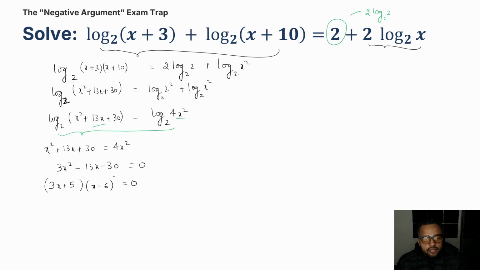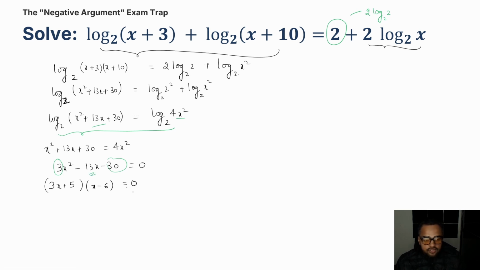Factorizing is easy. If you want to use the quadratic equation formula, you can do it. Otherwise, you can directly factorize by taking the coefficient of x square and the last term, multiplying them, and then taking the factors of it and adding or subtracting them in such a way that we get negative 13 in the middle term.